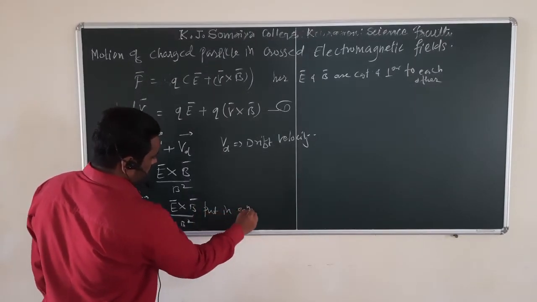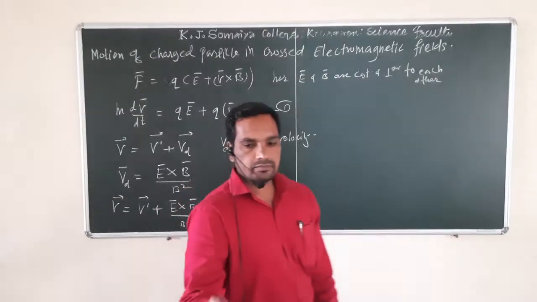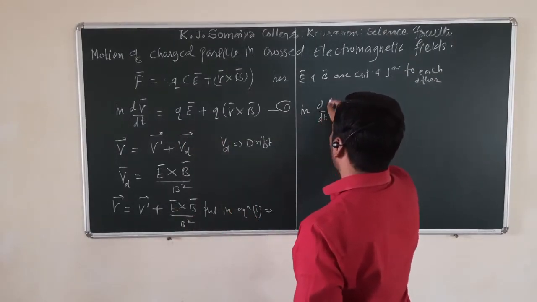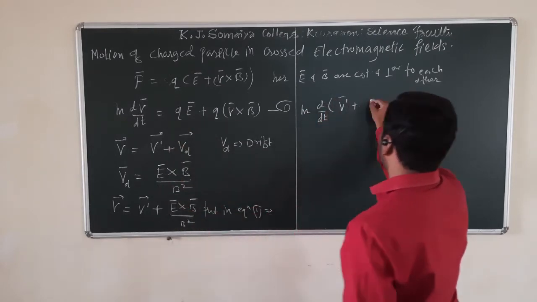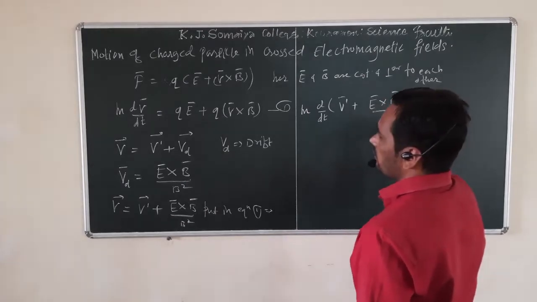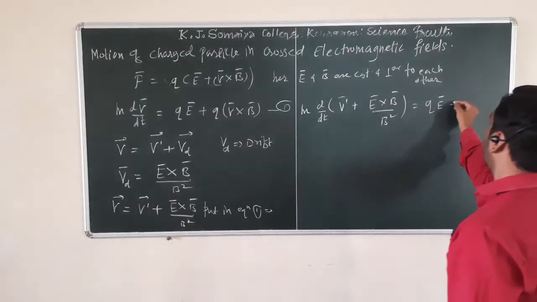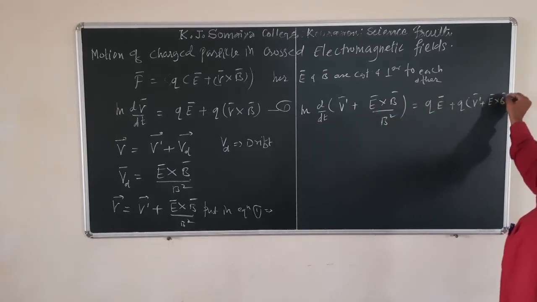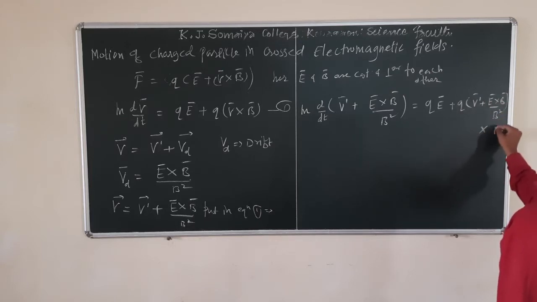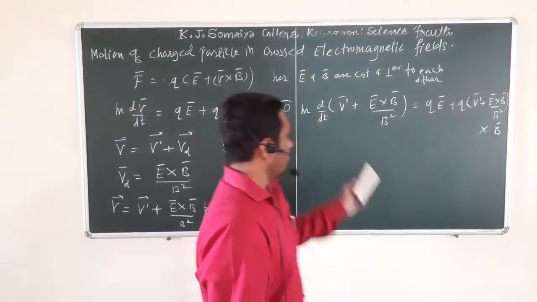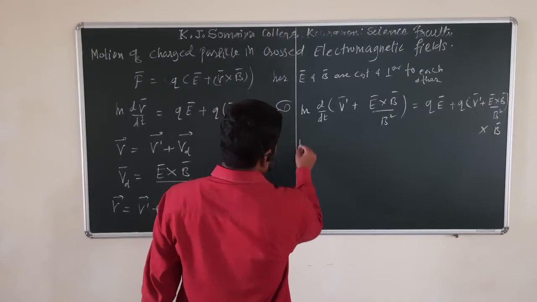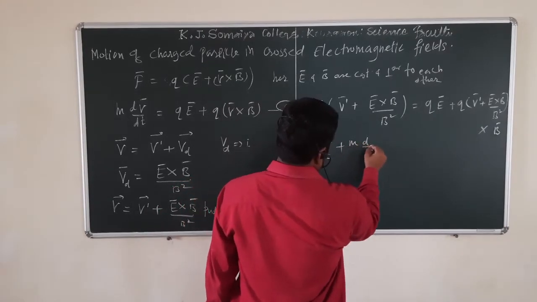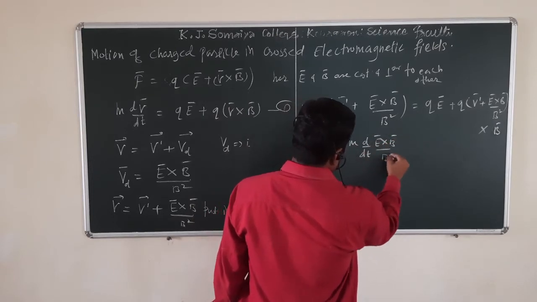What will we get? On the left hand side of the equation, we have m d/dt of v' plus E × B upon B squared. This is equal to q times vector E plus q times, instead of vector v, v' plus E × B upon B squared, crossed with vector B. Now to solve this equation, on the left hand side we have m dv'/dt plus m d/dt of E × B upon B squared.